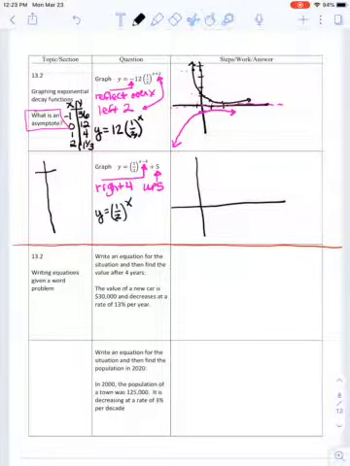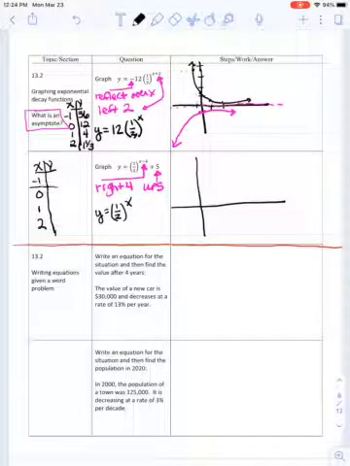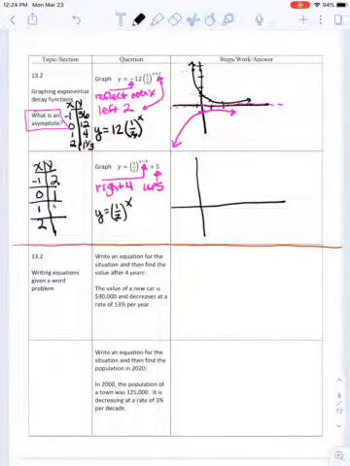If I made my little XY chart for the parent, -1, 0, 1, 2, and if I plugged them in, I'm going to get 2, 1, 1/2, and 1/4.